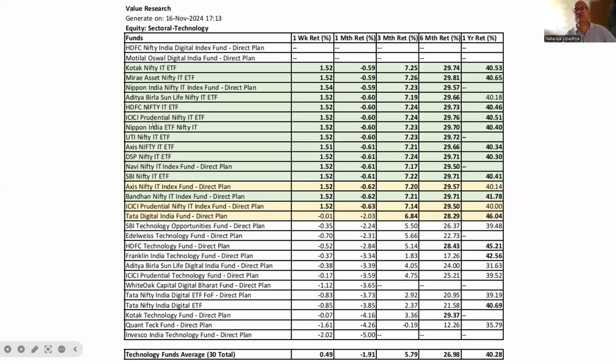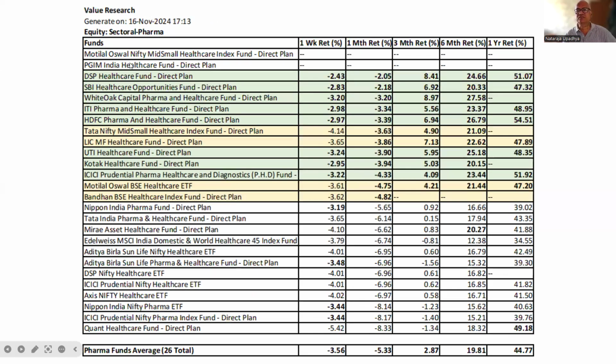I will not read all of them. Actually Aditya Birla Sun Life Nifty IT ETF should have been yellow. It's a mistake here. The last one is ICICI Prudential Nifty IT ETF. Also, I would consider it. So that is technology funds doing reasonably better compared to others through the correction period.